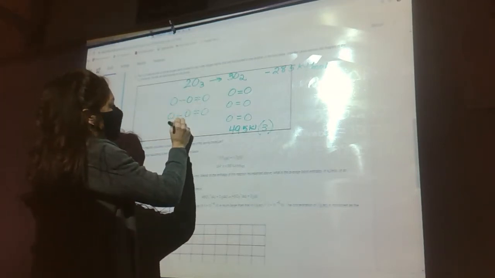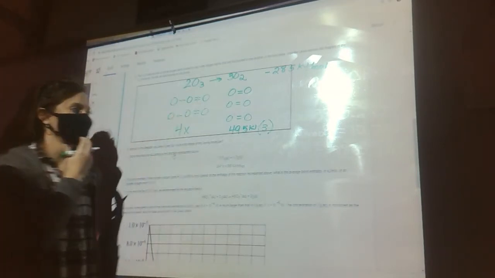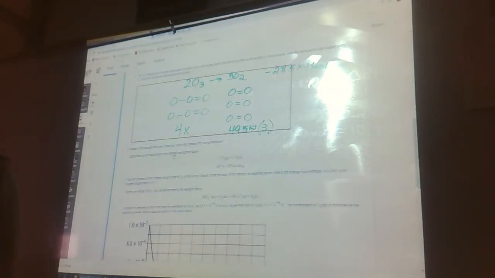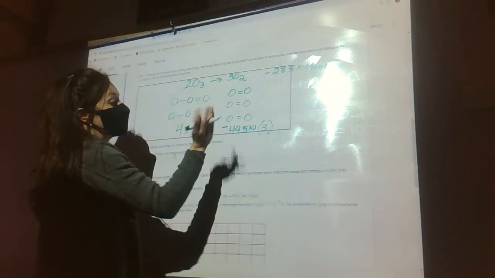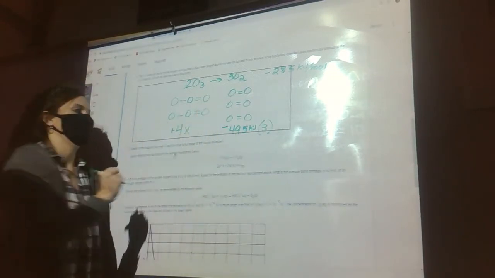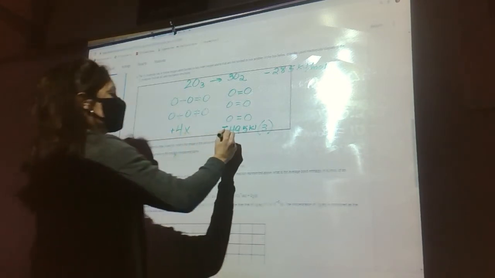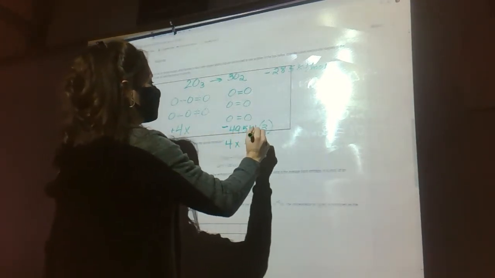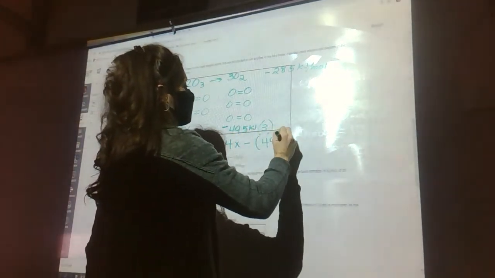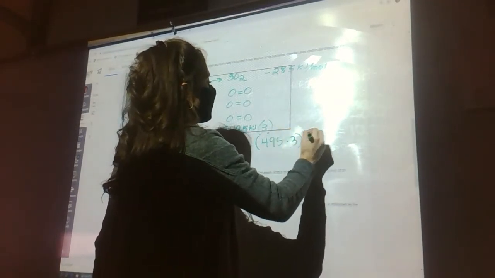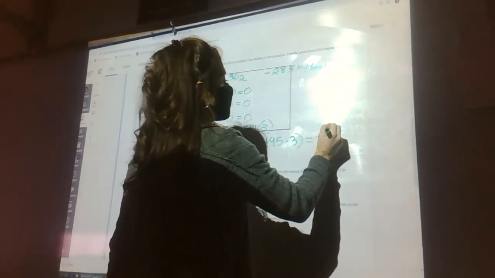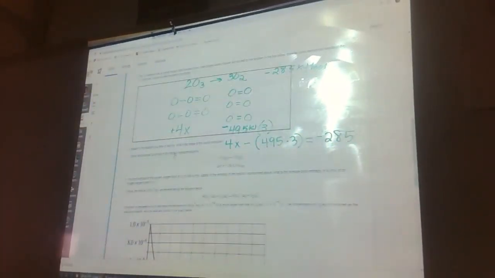So they're X, and there are 4 of them. And sorry, this would be negative because it's released. This is positive. And then the sum, so 4X minus 495 times 3 has to equal the total energy for the whole reaction, which is negative 285. And then you just solve for X.